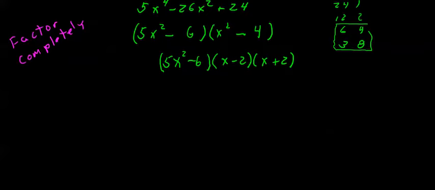We can also have things in the form of cubics. Cubic form. So let's look at an example of that. Here we have 216x to the 6th minus 1. This is written as the difference of perfect cubes.